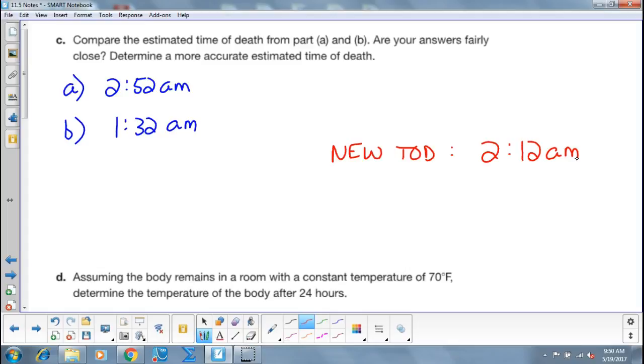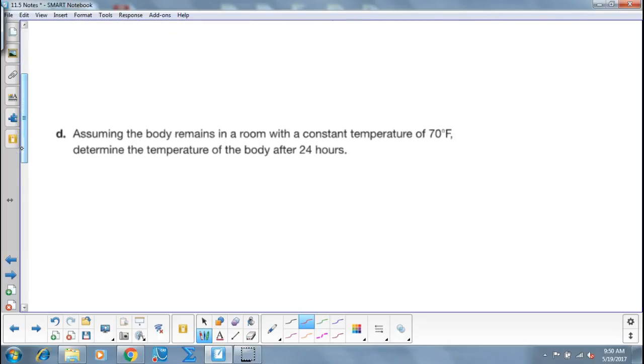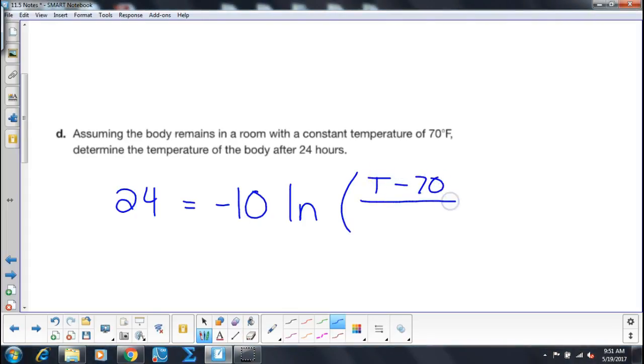Okay. Assuming the body remains in a room with a constant temperature of 70 degrees, determine the temperature of the body after 24 hours. Okay. So that's going to be 24 here now is equal to negative 10 times the natural log of T minus 70 over 98.6 minus 70, right?